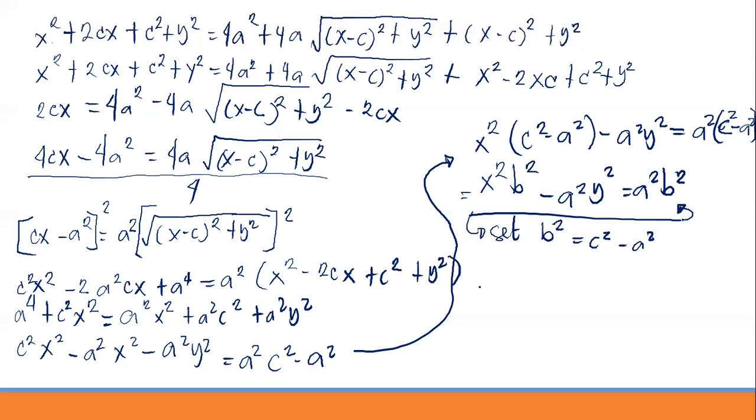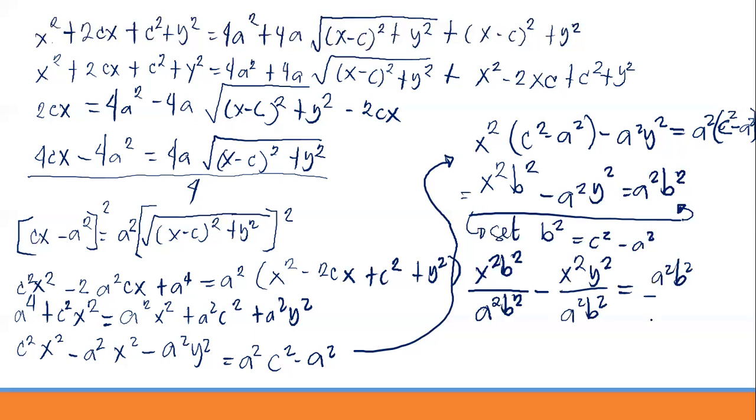So, ito na yung result. x squared b squared, we divide both sides by a squared b squared. Alright? Minus a squared y squared over a squared b squared equals a squared b squared over a squared b squared. Para lang maging 1 ito. Alright? And then, cancel na tayo.